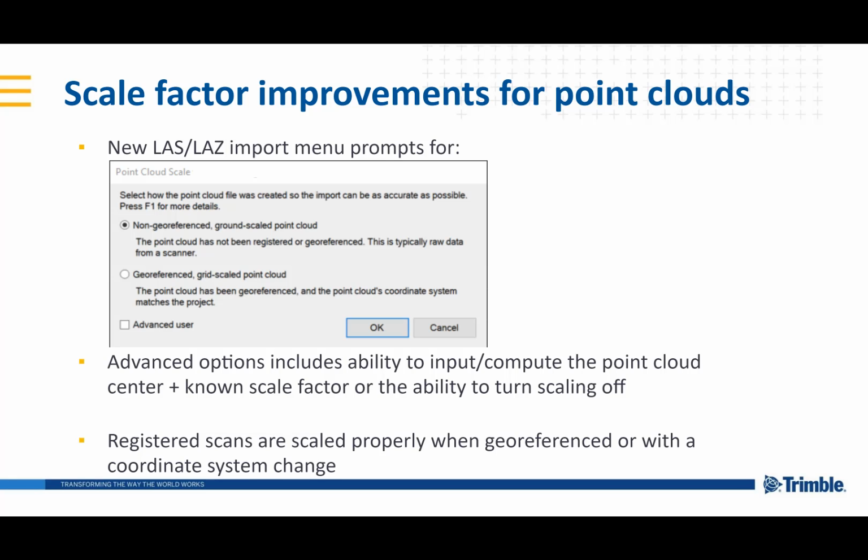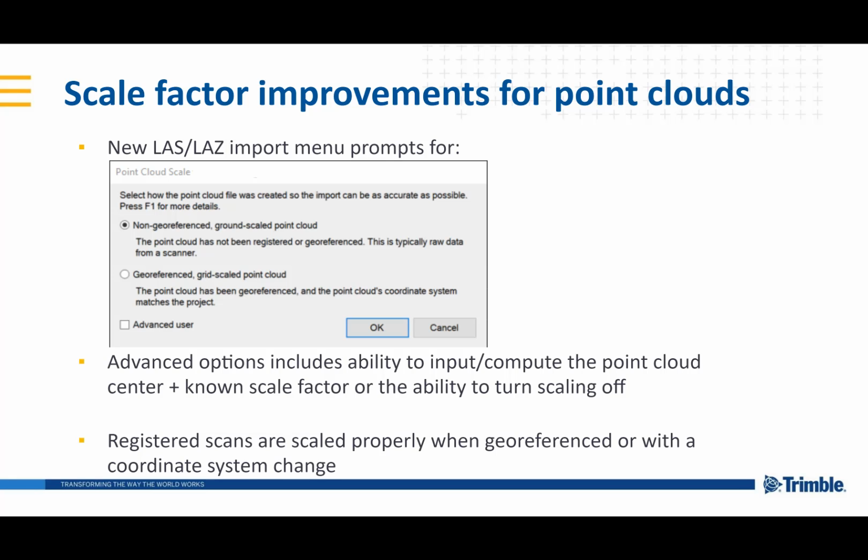We've improved the scale factor handling for point clouds with the LAS and LAZ file formats. So if you take an LAS or LAZ file and drag it into TBC or import it into TBC version 5.10, you'll notice that there is a new menu prompting you for a couple of options.